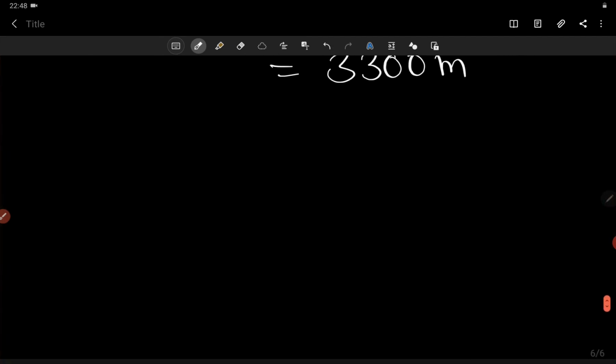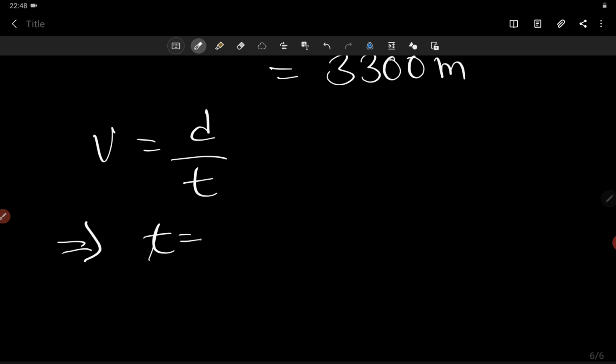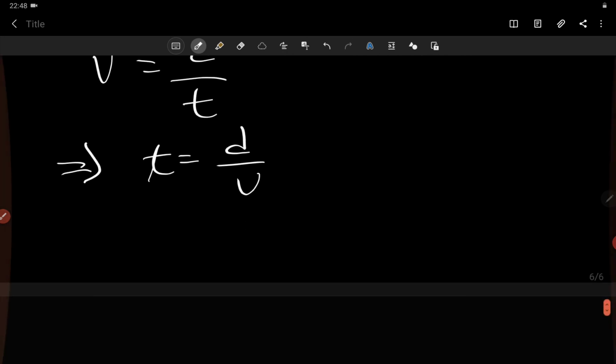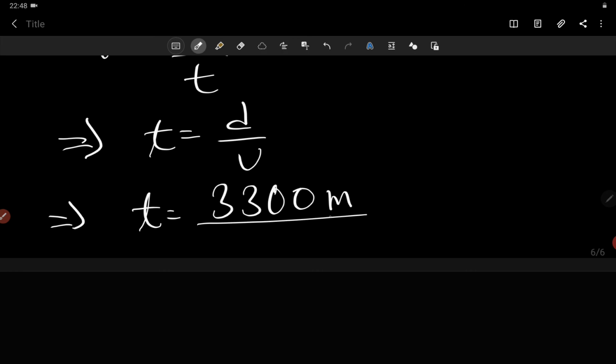Using the formula for the velocity or the speed, that is distance upon time, then cross multiplying it, I shall get t equals distance upon velocity or the speed. Thus I can write time equals distance, which was 3300 meter, upon 5280 meter per second.